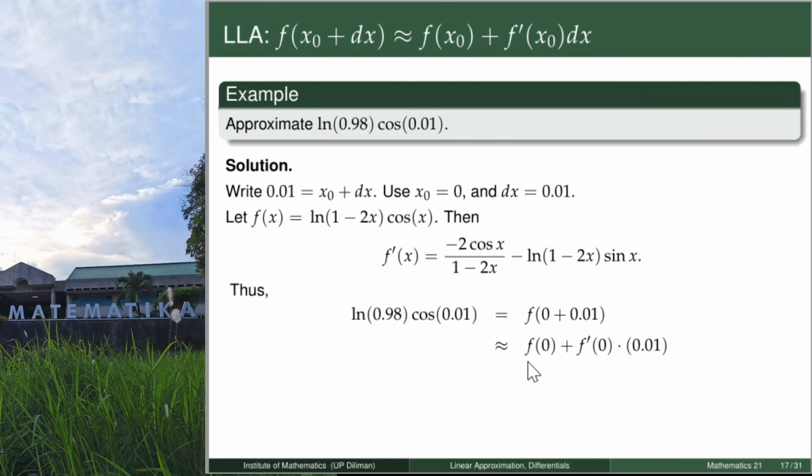Then solve for these values. F of 0 is simply cosine 0, 1, times ln 1, 0, so 0. F prime 0 is sine 0, 0, times ln 1, 0. Cosine 0 is 1, this is 0, so this is negative 2. Times 0.01, it's negative 0.02. And that is your answer.